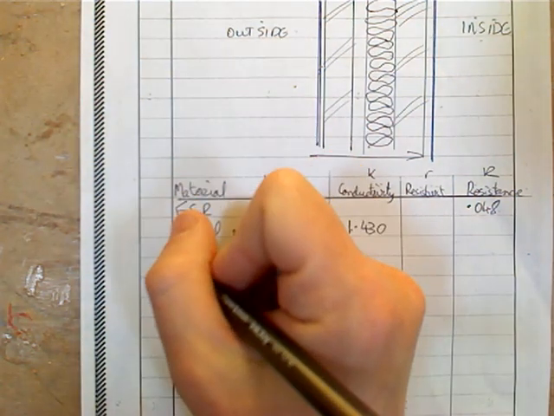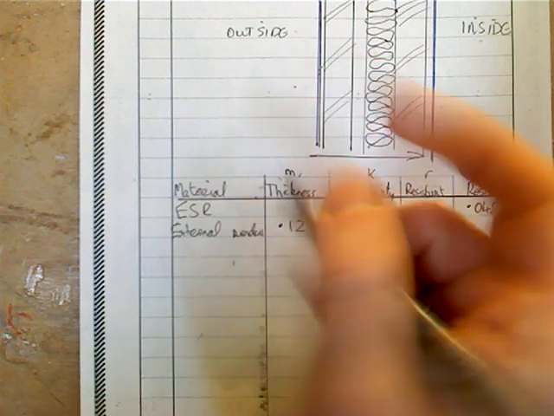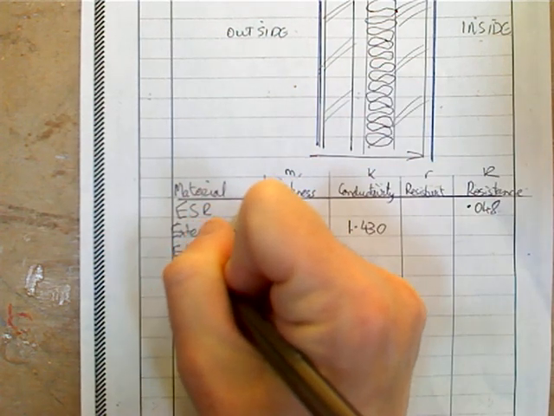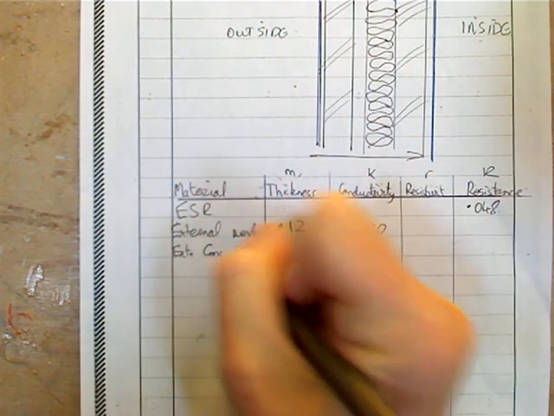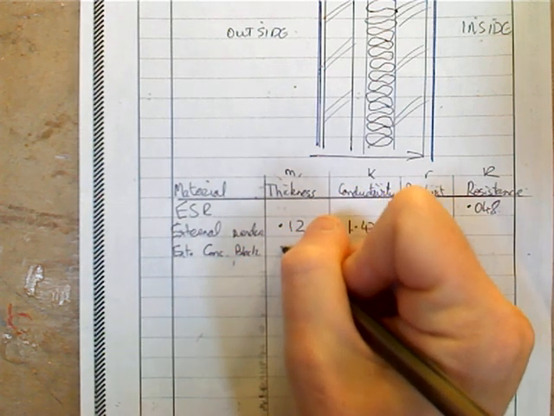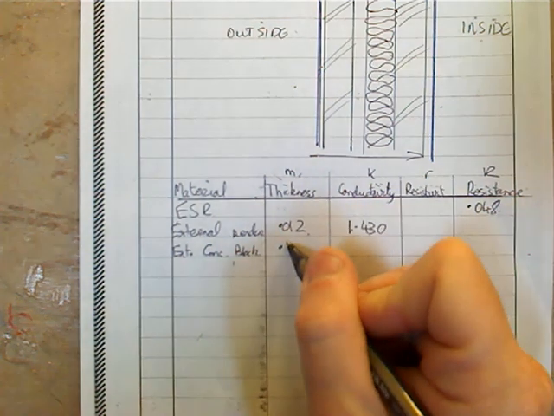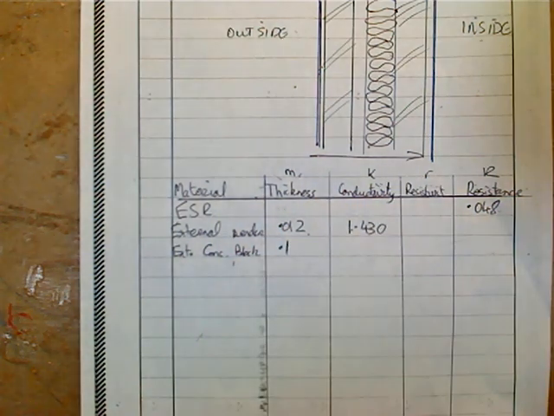The next thing I'm going to put in is the concrete blocks. The next is the exterior concrete block. Its thickness is 100 millimeters. Sorry, I forgot the 0.012 for the render, didn't I? The block is 0.1 of a meter.